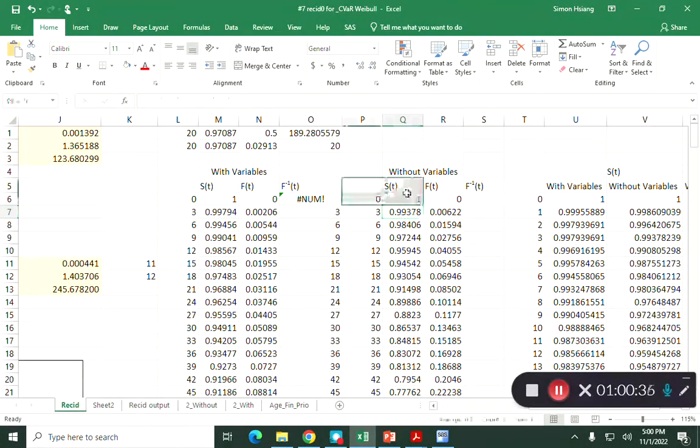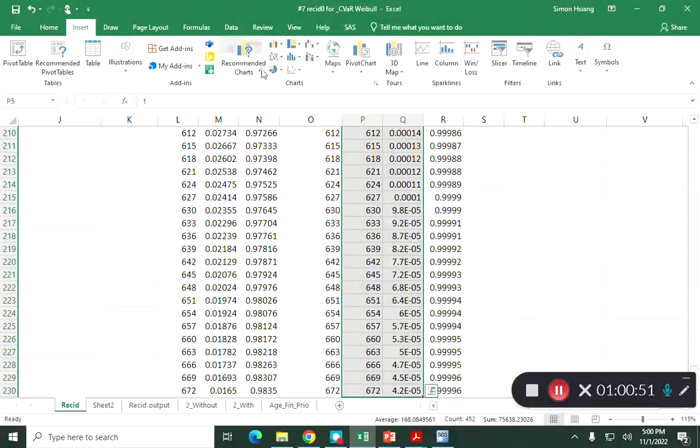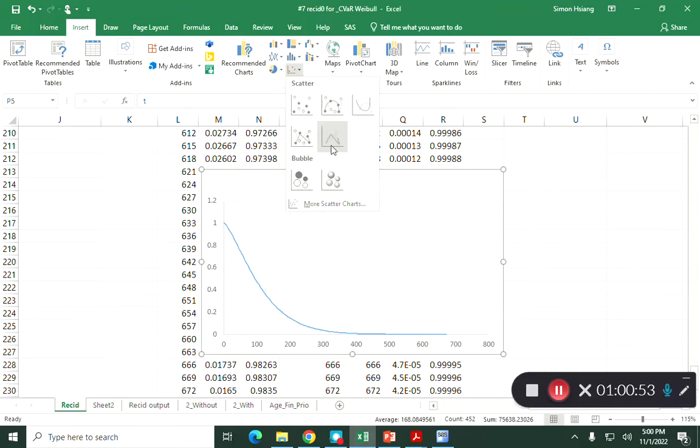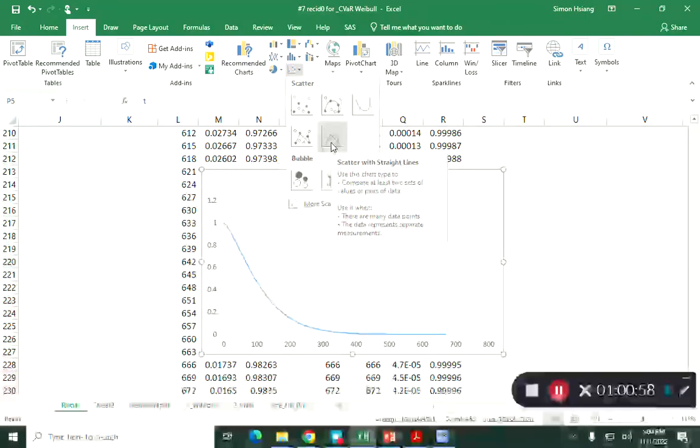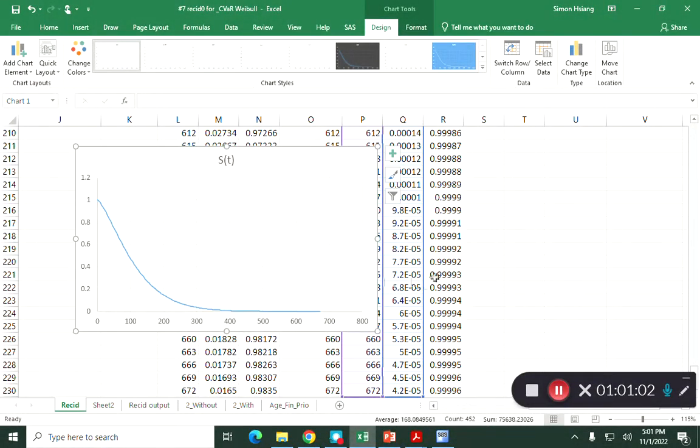So if you plot these two, this is the baseline without any parameter, okay? And let me just put this equal to t. Insert the parameter, okay? And this is coming down. And if I want to plot ft, it's going up.